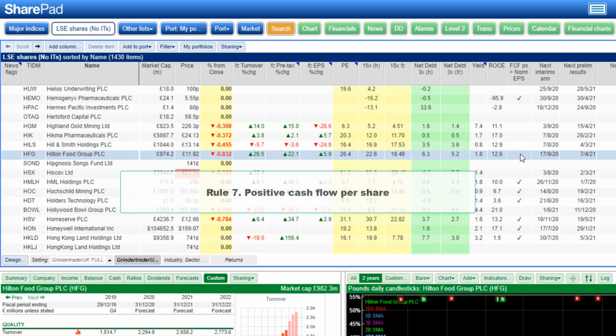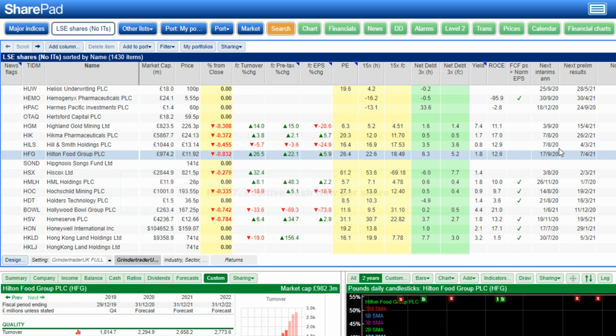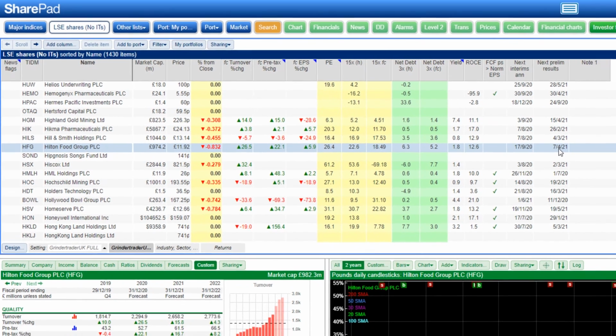Again, I'll go into that later on, but this is to do with rule number 7, a positive cash flow per share. And this one here does a comparison against earnings per share, which would be this figure here. But that's a percentage change, and we'll move into that later. And then I've got some columns where it'll tell me when the next 6 month statement is going to be announced, and when we'll get to see the next preliminary financial results here.